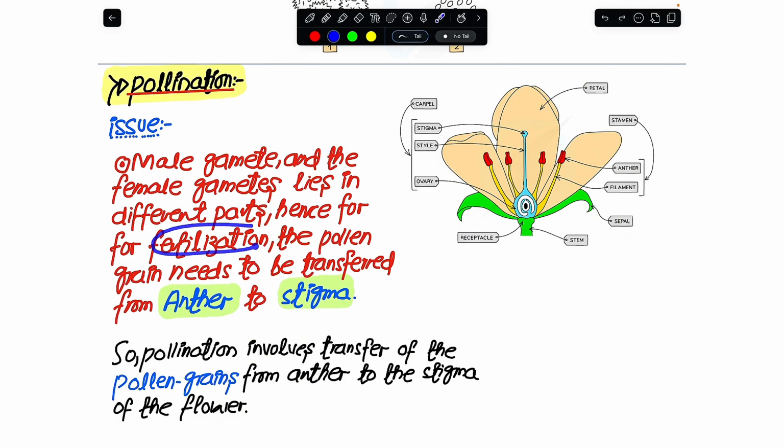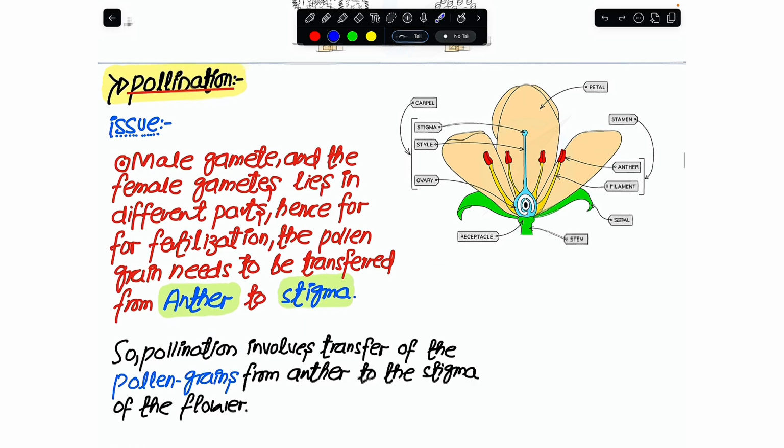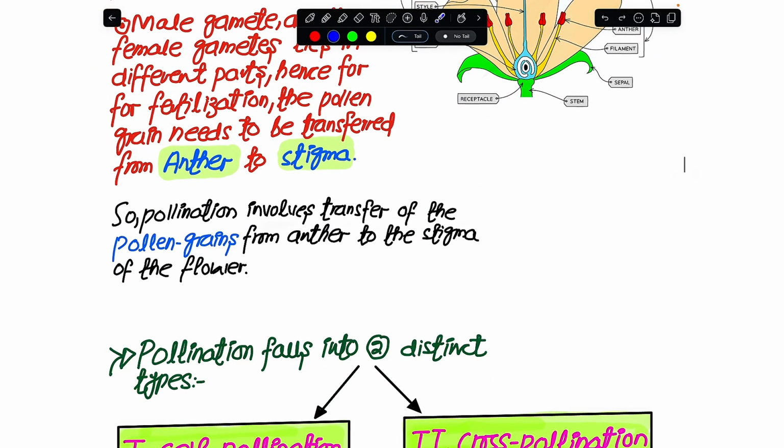For the fertilization process, we need to transfer the pollen grains from the anther to the stigma so that later the fertilization can be brought about. That is why pollination happens, and it is simply the transfer of the pollen grain from the anther to the stigma of the flower.